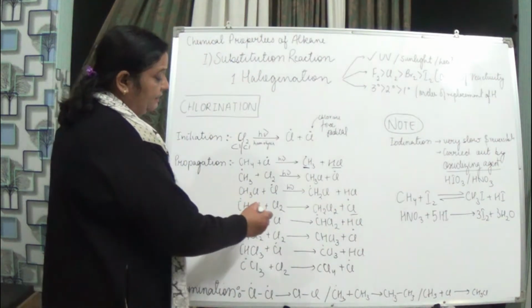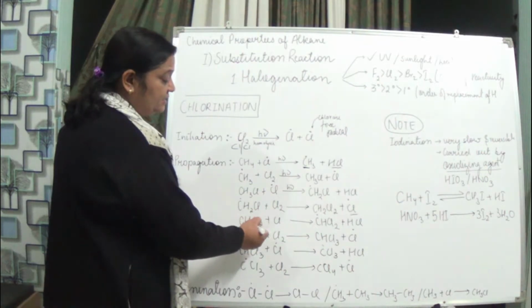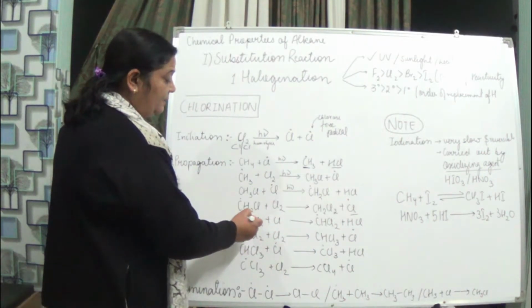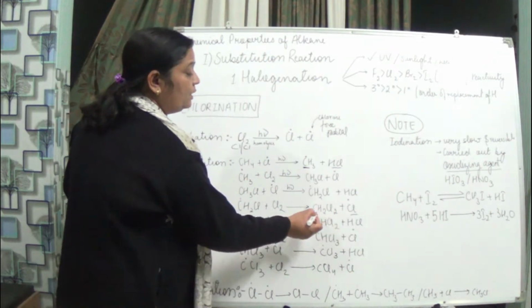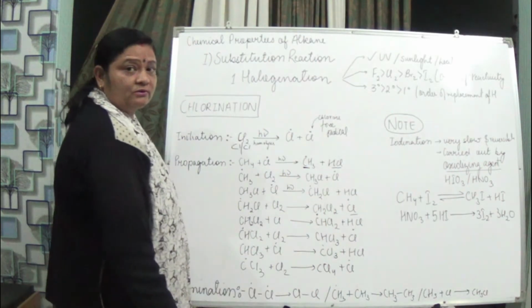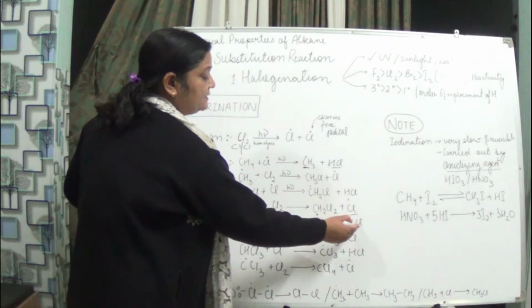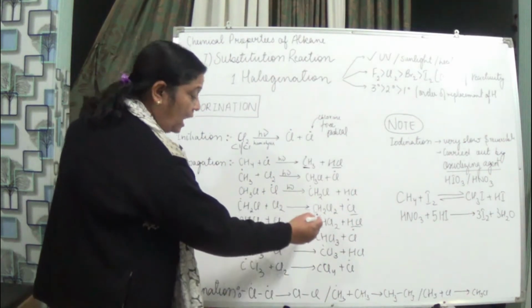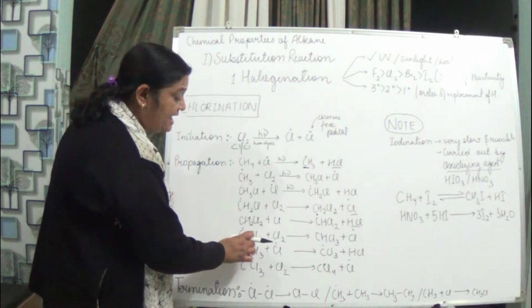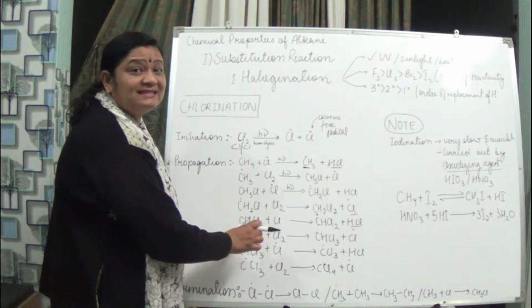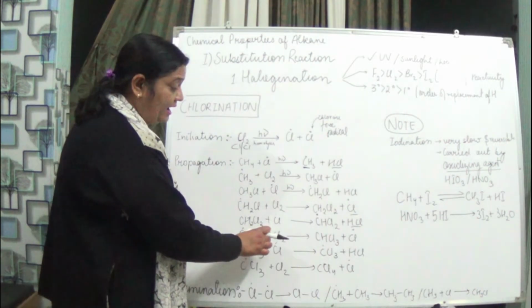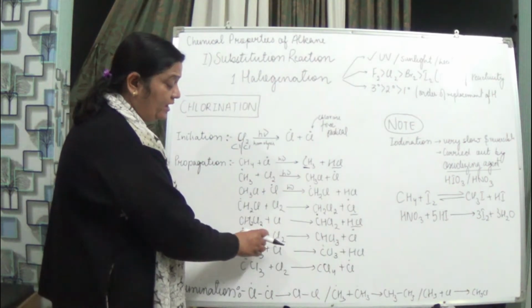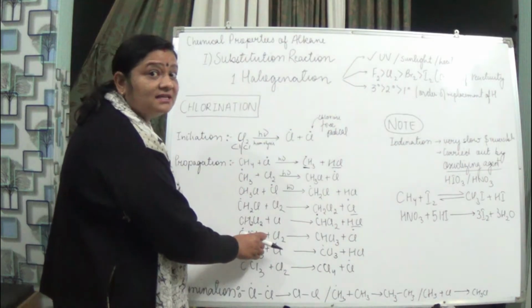Then this again acts with CH2Cl2, replacing one hydrogen, thereby forming CHCl2 with a free electron, and HCl is stable. This is how the reaction goes on. Unless and until a free radical is generated, the reaction will not propagate. So you should keep in mind that the reaction will go on until it becomes stable.